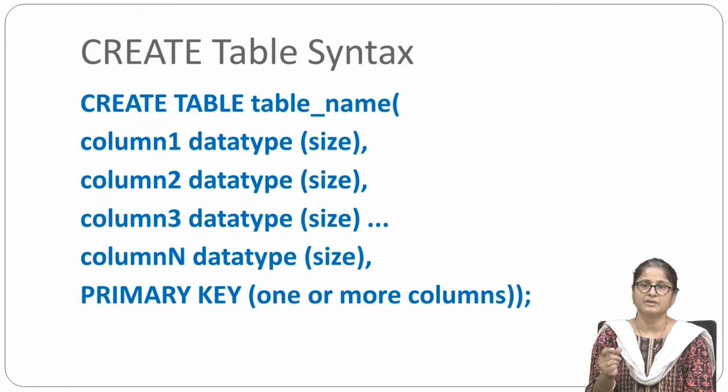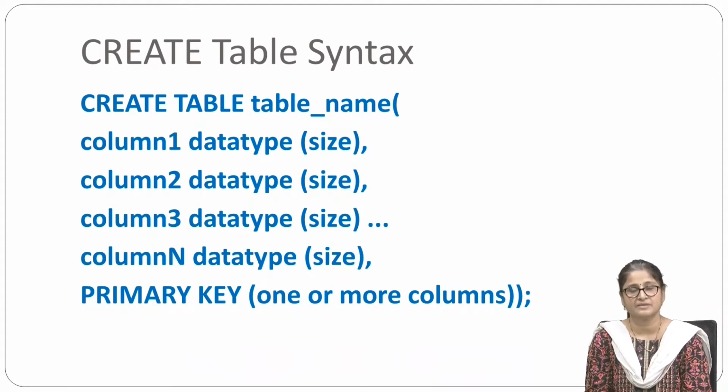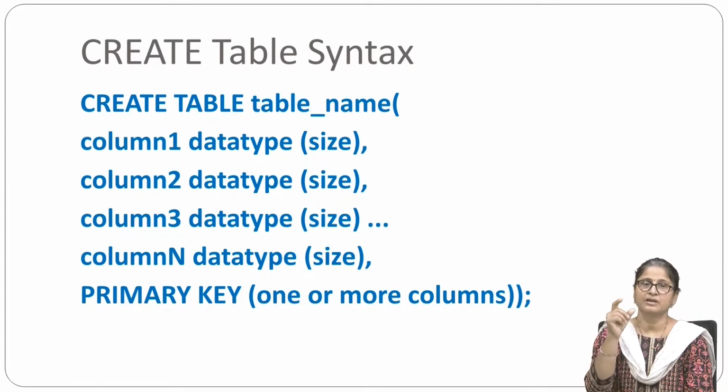After doing this, you can also specify the primary key. What is the primary key? The primary key is the unique key which uniquely identifies the records in the database. Which column must be specified as a primary key? For example, roll number. In a particular class, the roll number is unique.